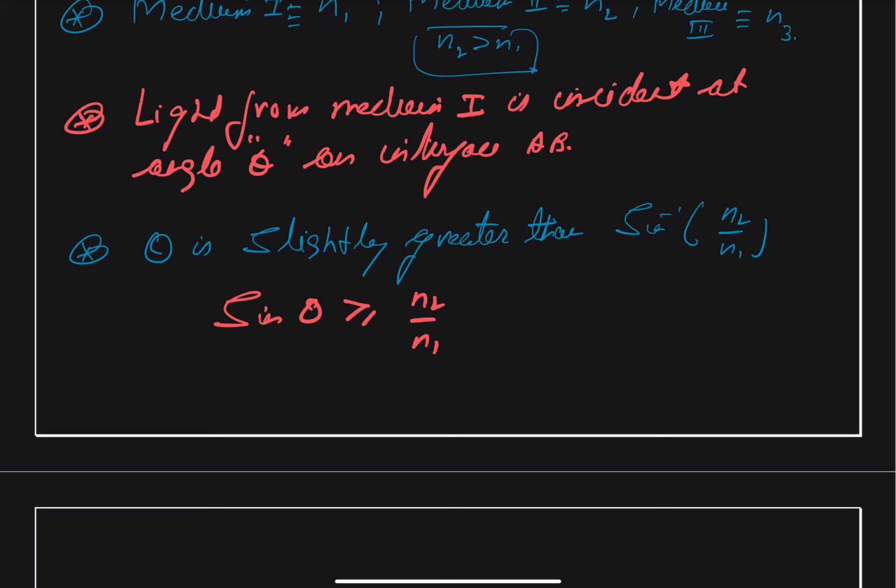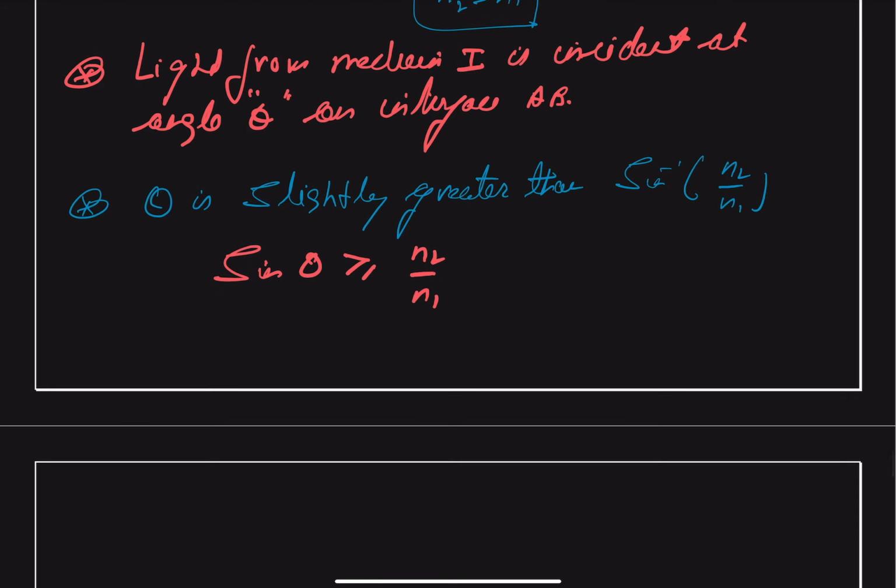So initially, that is without the slab, we can say that total internal reflection occurs at the AB interface.